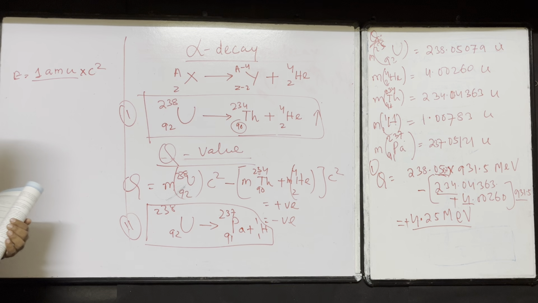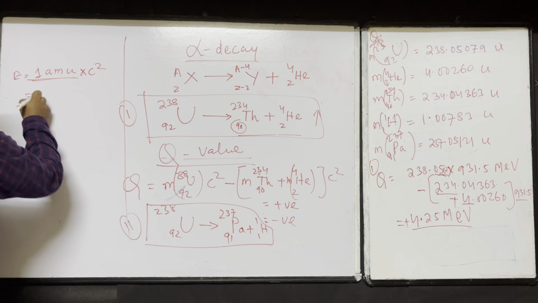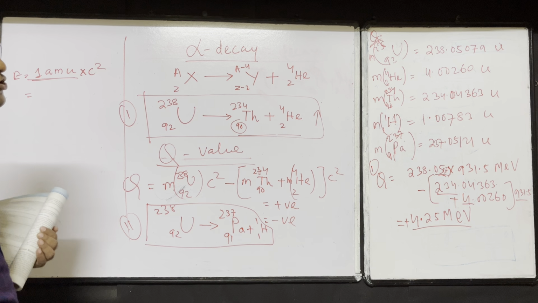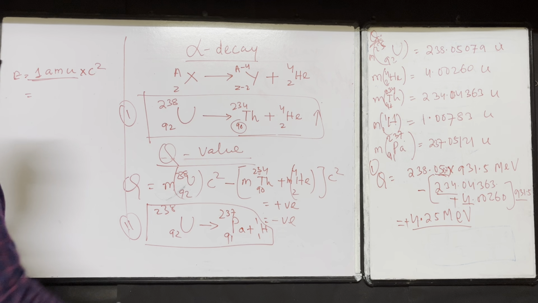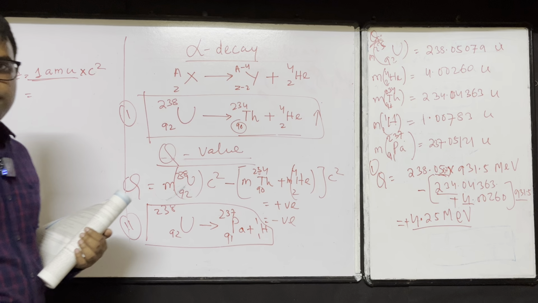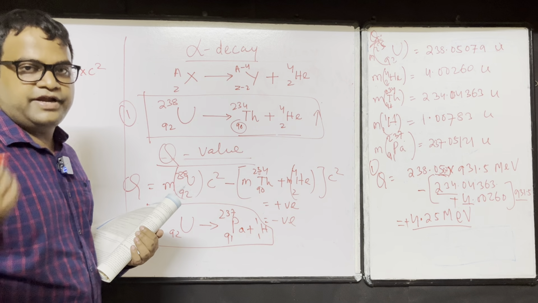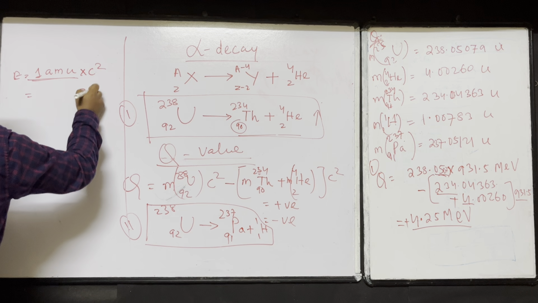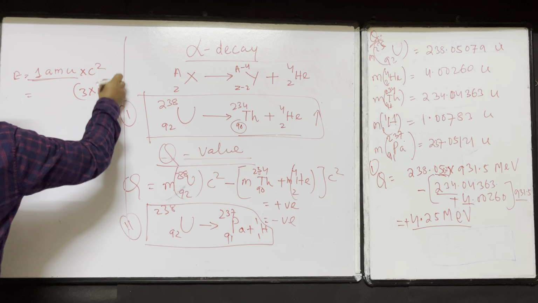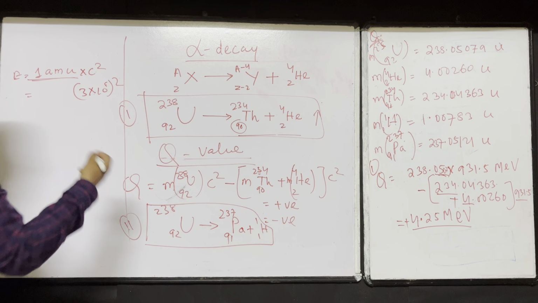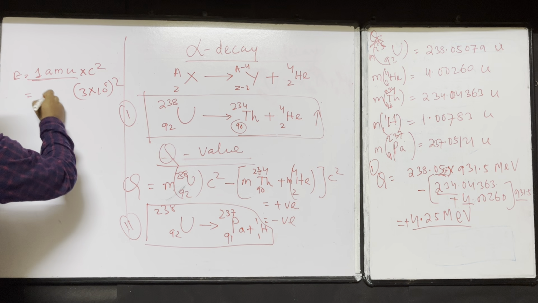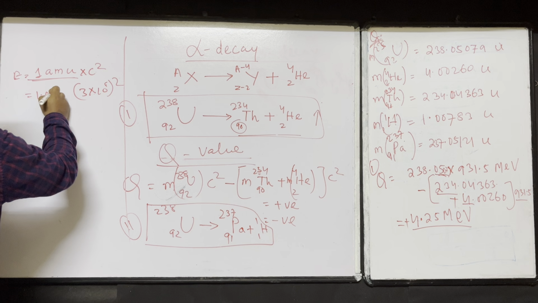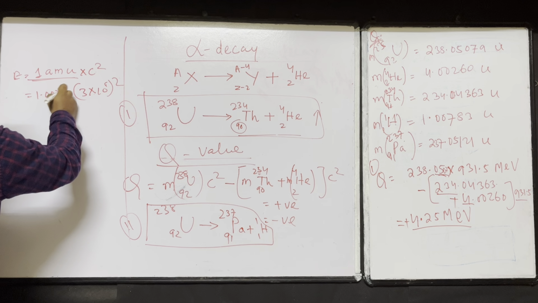So you can write that 1 AMU is basically the mass of one hydrogen. So you can use 0.00783 multiplied by c square. c square is 3 into 10 to the power 8, whole square, and this one is the mass of one hydrogen atom, basically a proton. So you can use 1.007 or 008, multiplied by 0.783.